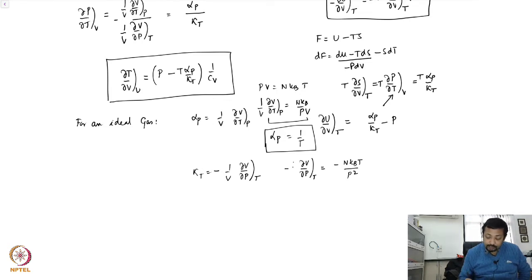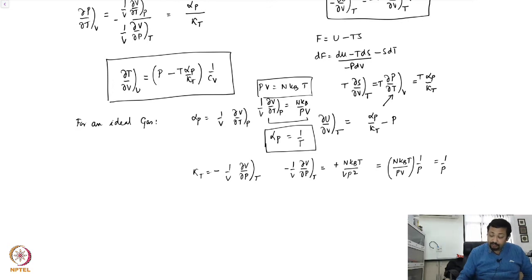I will have a minus 1 by V, that makes it plus. Then I am going to write down this as N kB T over PV times 1 by P, and from the equation of state it follows N kB T over PV is 1, so that I have the ratio 1 by P.